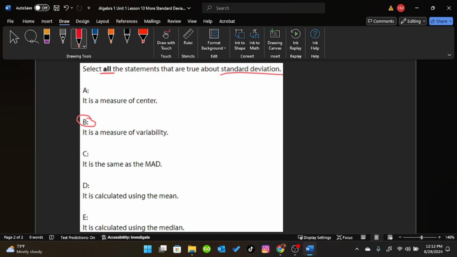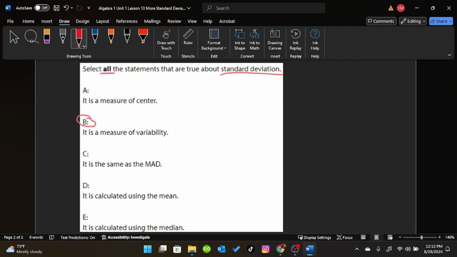C says it is the same as the MAD, or mean absolute deviation. While it is similar to the mean absolute deviation, it is not the same. They are slightly different. And choices D and E are both about how it is calculated.